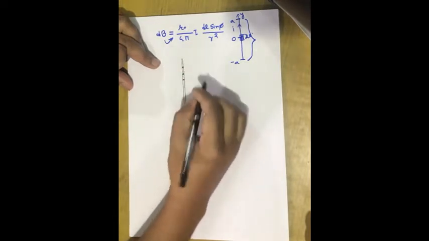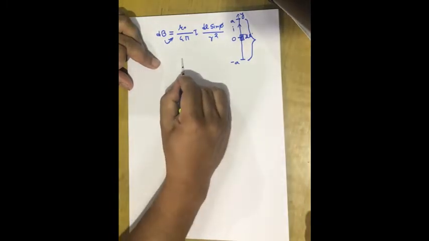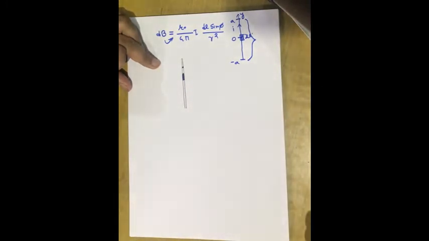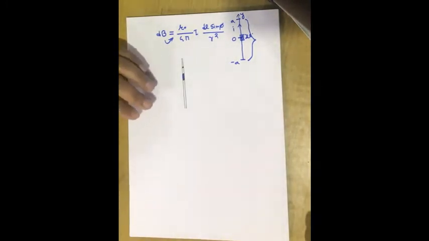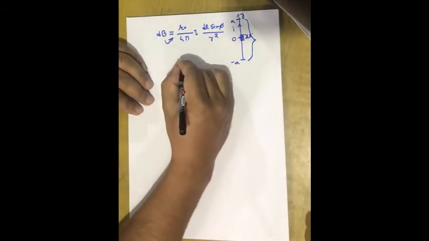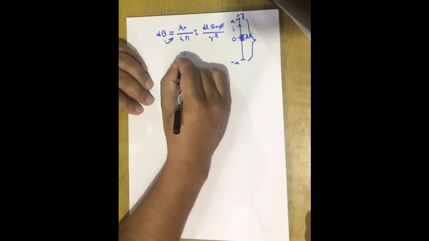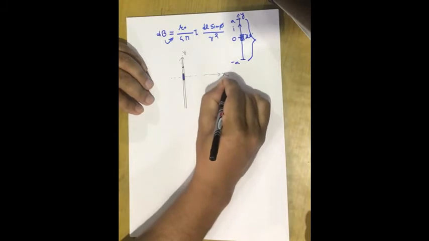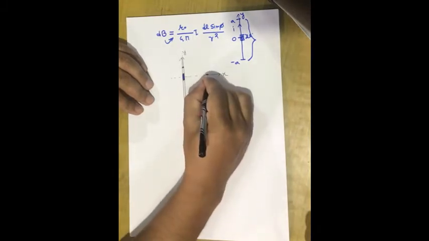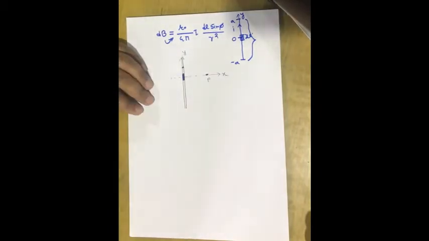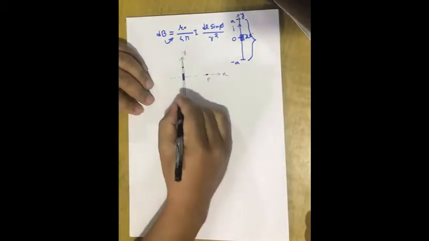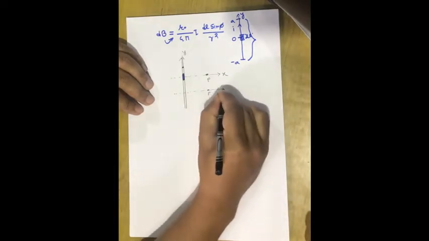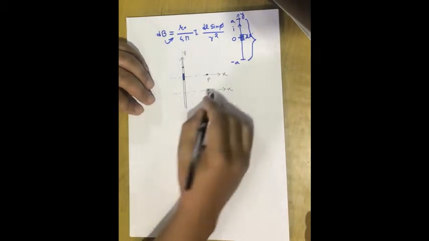Let this direction be y. Direction is very important in magnetostatics; every time you have to be concerned about the direction. And this direction is say x. We are going to determine the field at any point P on the x-axis. Let's say P is here.